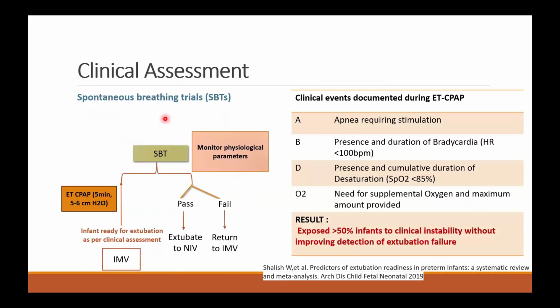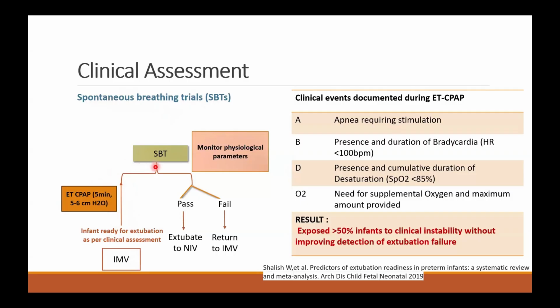Moving on to the most commonly done test in the neonatal intensive care unit before extubation, that is the spontaneous breathing trial. What is done in a spontaneous breathing trial is, once a baby is on minimum ventilatory settings on mechanical ventilation, the extubation readiness is assessed by putting the baby on ET-CPAP for 5 minutes. Most studies have used a duration of 3 to 10 minutes with a CPAP of 5 to 6 centimeter.